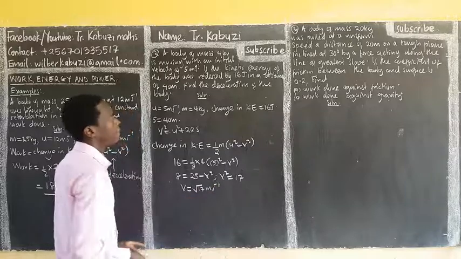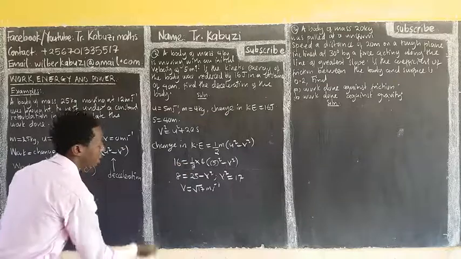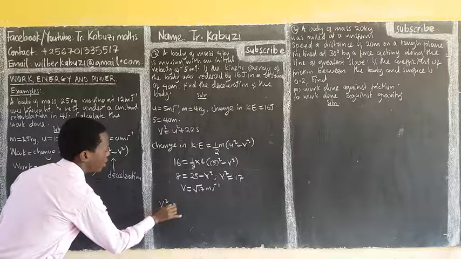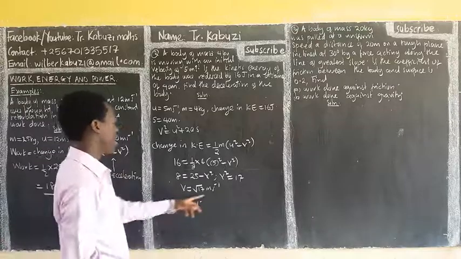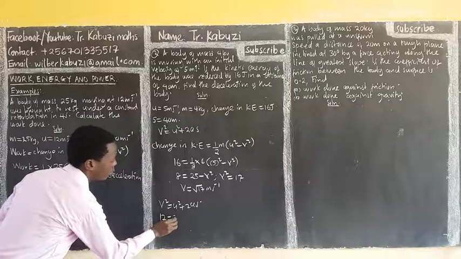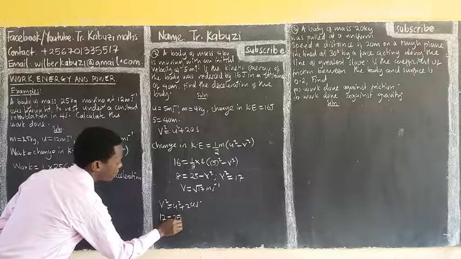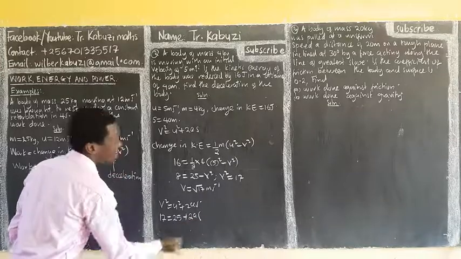After getting b, now I can put it here so that I can get my deceleration, equaling v squared equals u squared plus 2as. Now my v squared from here is 17, equaling 25, plus 2a into our distance, which is 40.